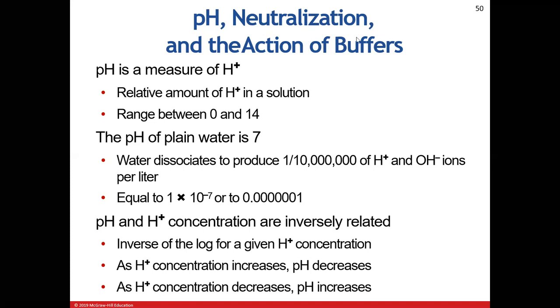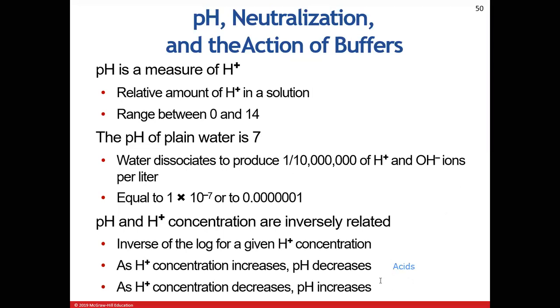So acids have more hydronium ions in them. As the hydronium ion concentration increases, you're going to see the pH go down. And so acids have a lower pH.